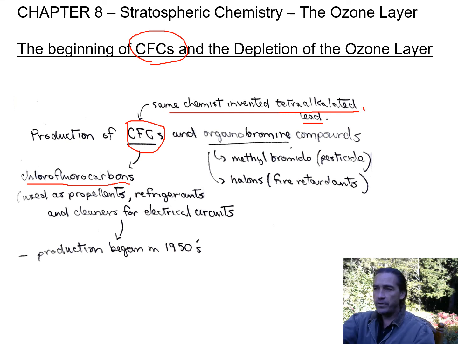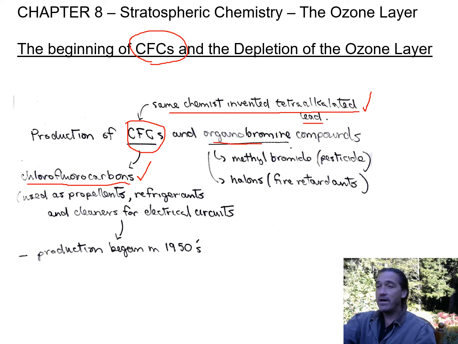Dr. Kehoe is the one who developed the lead additive, the tetraalkylated lead that was put into gasoline that polluted the earth. He also is the one who came up with chlorofluorocarbons to be used as refrigerants. So that is quite a record for one person to poison the entire earth with lead and also attempt to destroy the ozone layer.